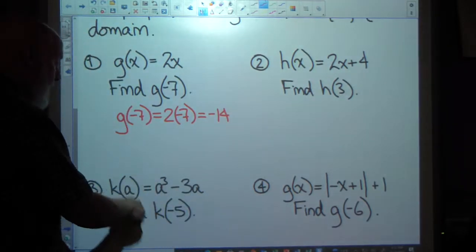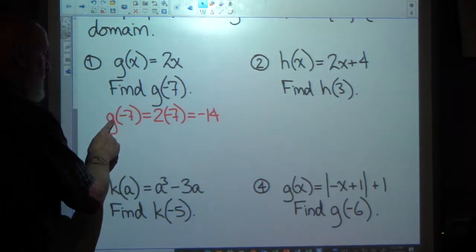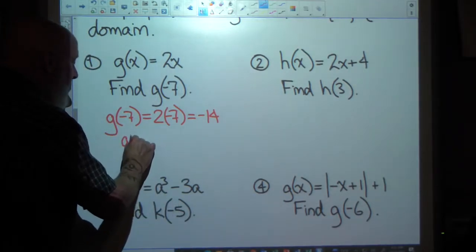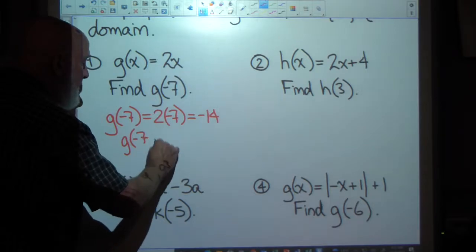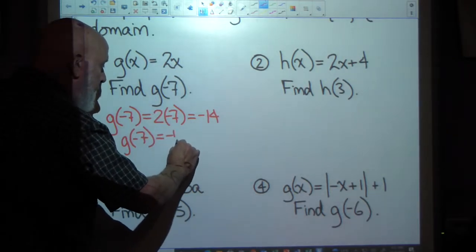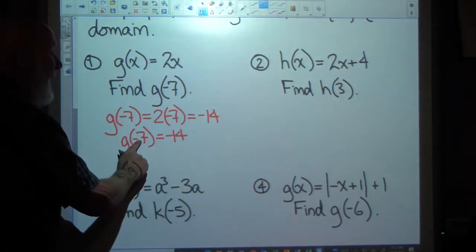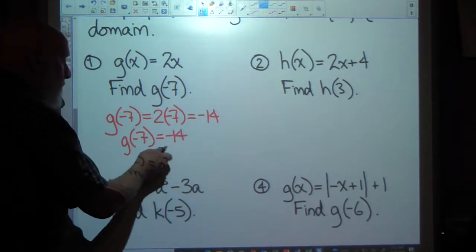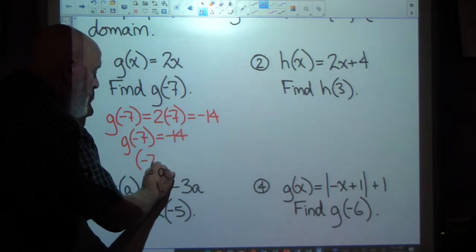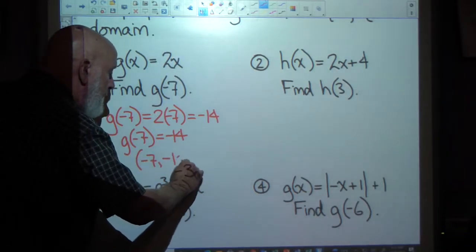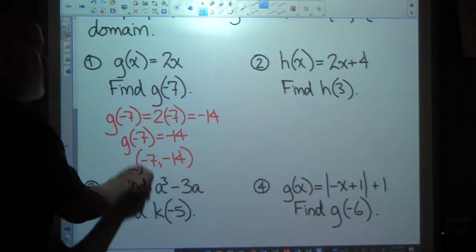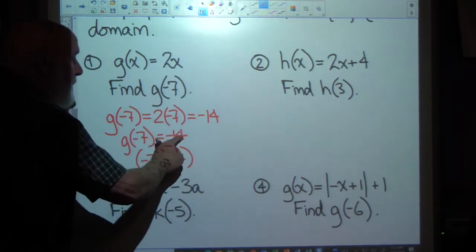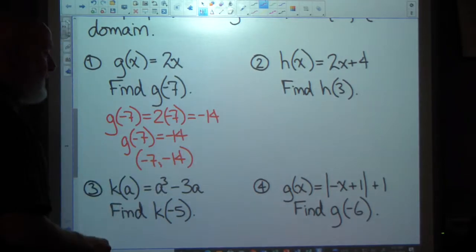Before I write this as an ordered pair, I'll just make this statement: g of -7 is equal to -14. If I'm going to write it as an ordered pair, I just write the x value, y value, so to speak: -7, -14. So g of -7 is equal to -14. That's what we're asked to do. But this could be written as an ordered pair, -7, -14.